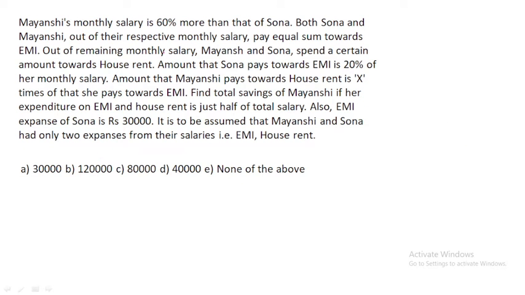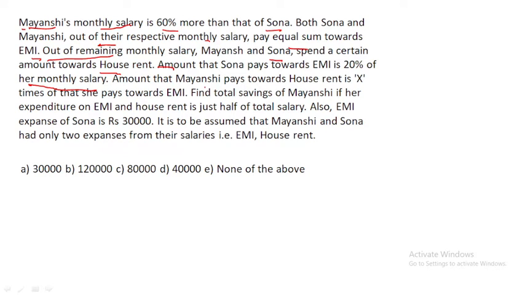And our next question is: Mayanshi's monthly salary is 60% more than that of Sona. Both Sona and Mayanshi, out of their respective monthly salary, pay an equal sum towards EMI. Out of the remaining monthly salary, Mayanshi and Sona spend a certain amount towards house rent. The amount that Sona pays towards EMI is 20% of her monthly salary.